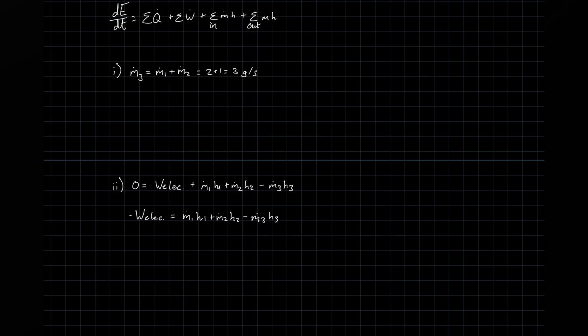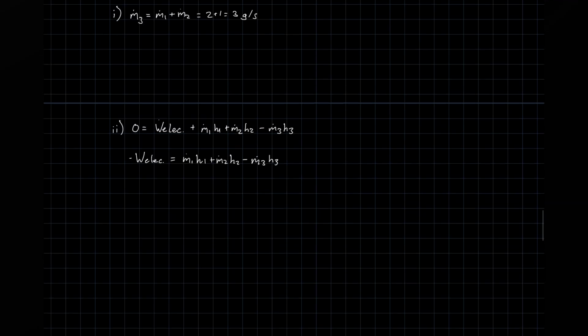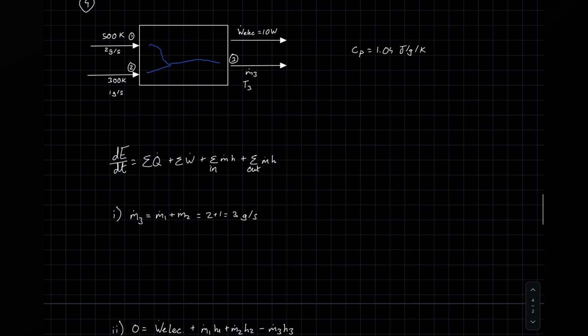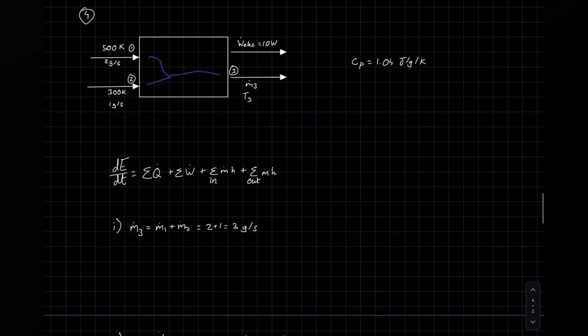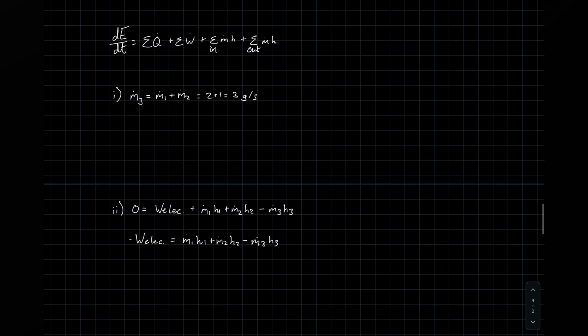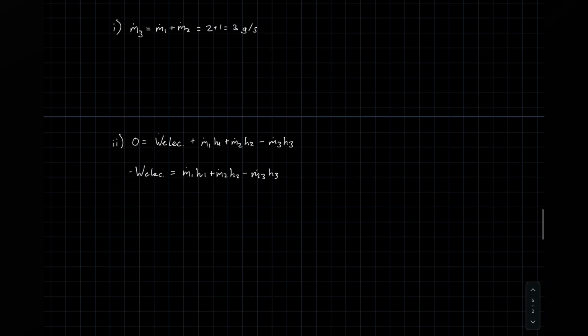So now we can replace all these enthalpies. We are dealing with the same thing here, so the specific heat will be the same for all of them. So we are told that Cp is 1.04. Let's not substitute any numbers in for now.